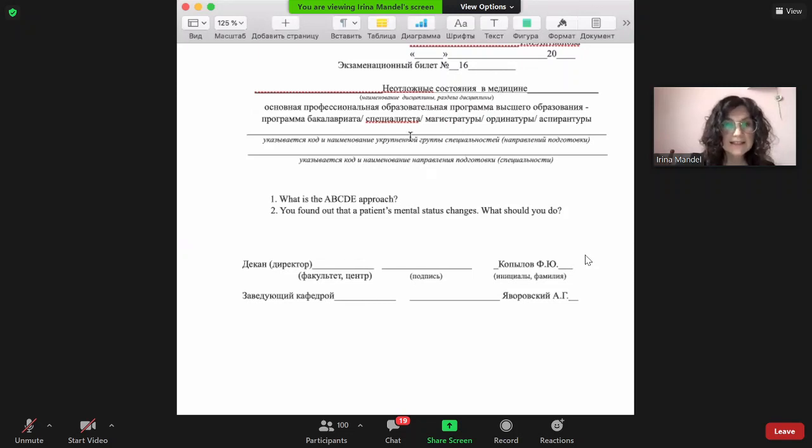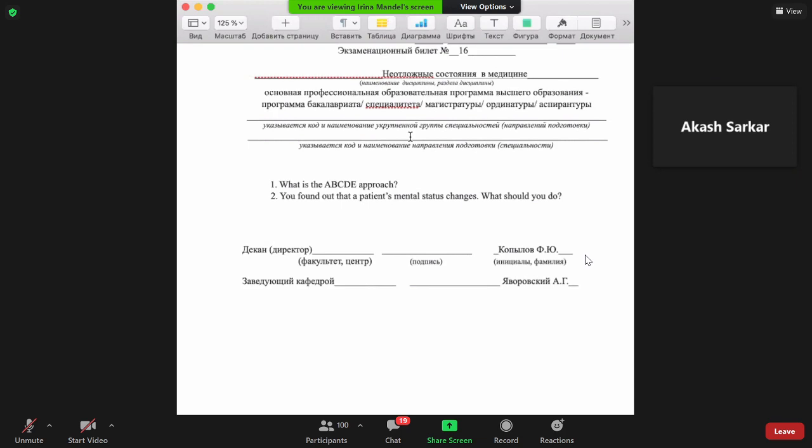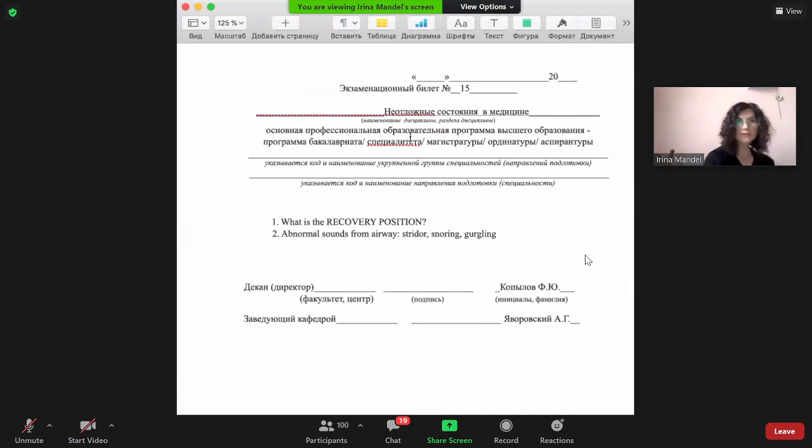In the 16. No, Professor, 15. 15. Abnormal sound from airways, stridor, snoring, and gargling. When you see or hear stridor, you can suspect some airway obstruction.